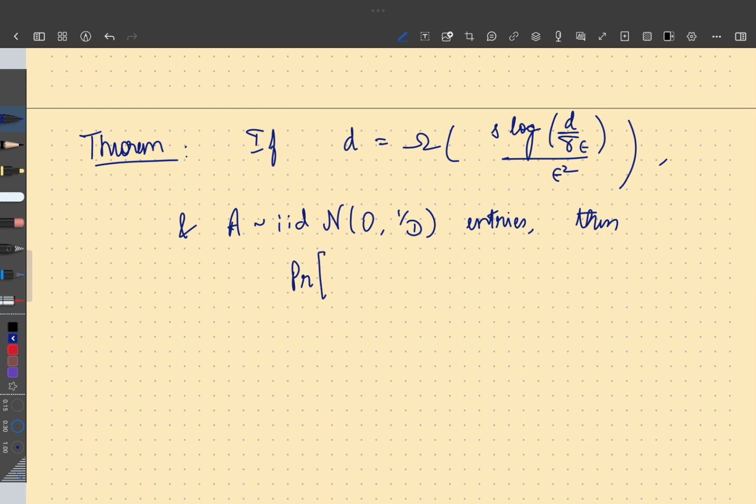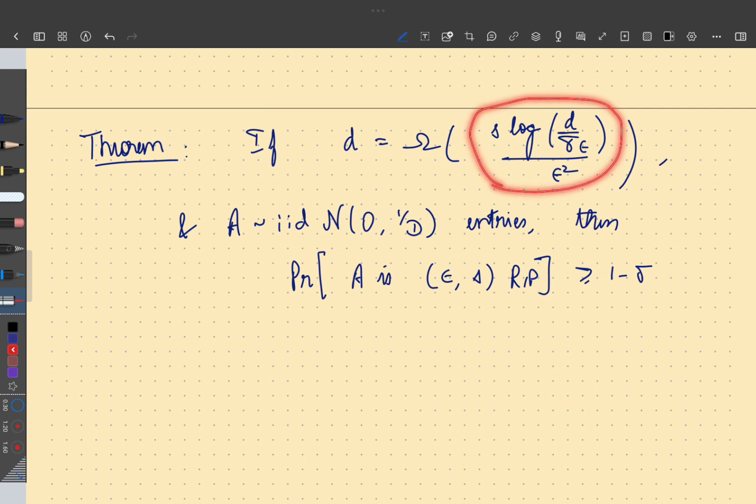Then with probability at least 1 minus delta, A is epsilon s RIP. So, you've seen expressions of this form quite a bit already.